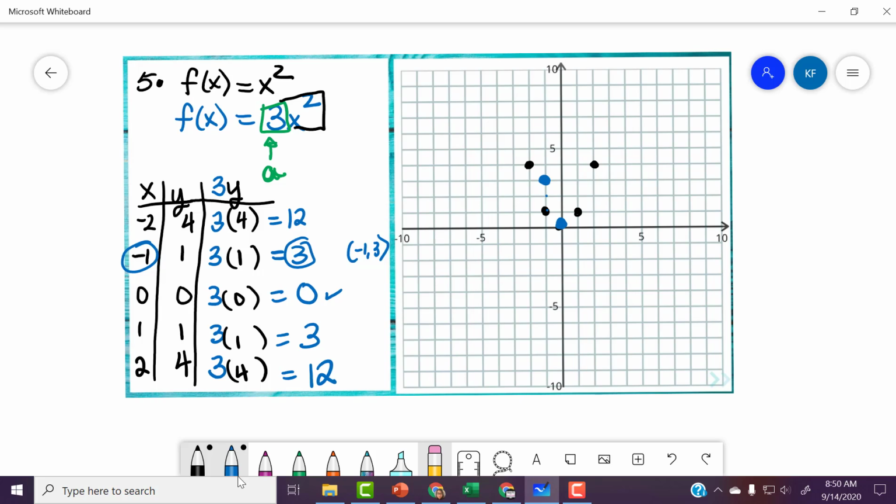Now I can't just go 1, 2, 3 here, because that would give me a straight line, and I need that nice curve. I'm now going to use reflection across the y-axis in order to get the next point. So I have these 2 points here, and then I'm going to graph finally -2, 12.